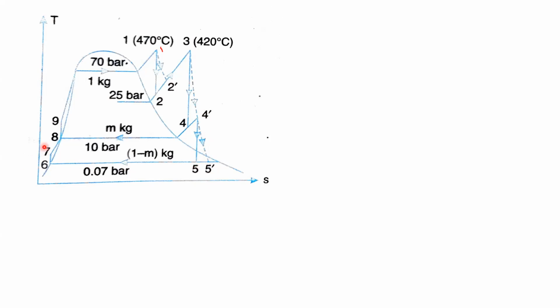Then the condensation and pumping are common. When you look at 4 dash to 8 as well as 7 to 8, these are simultaneous processes which happen in the open feed water heater. These two are done at the same time.